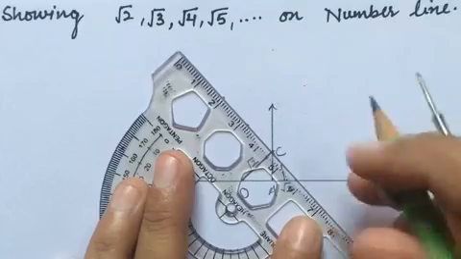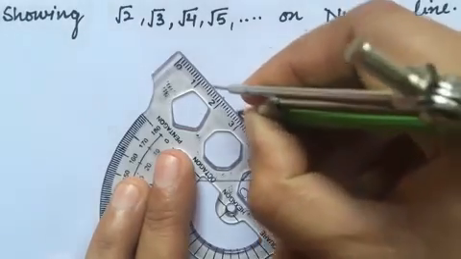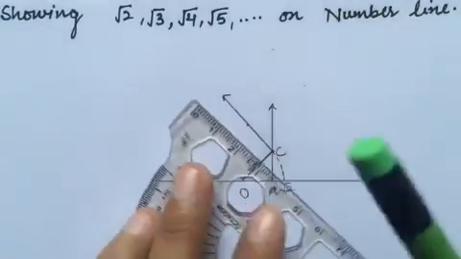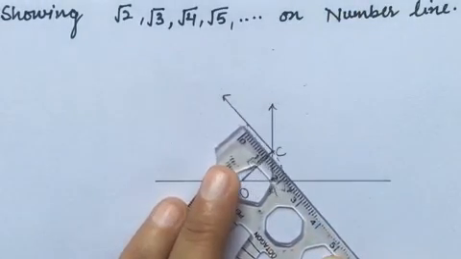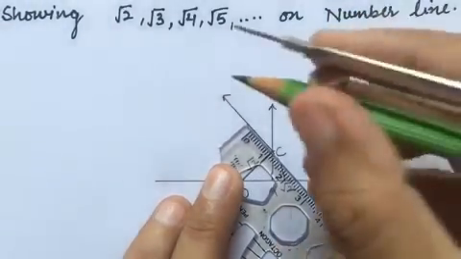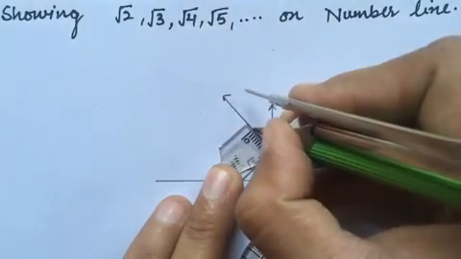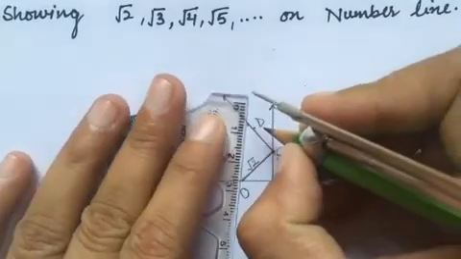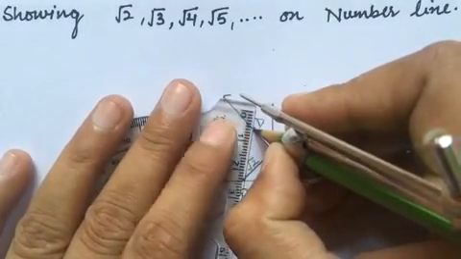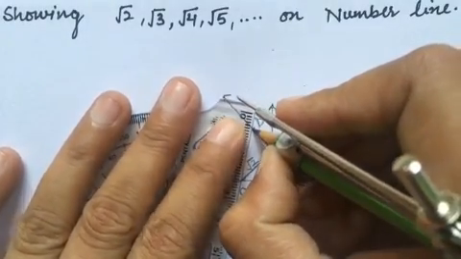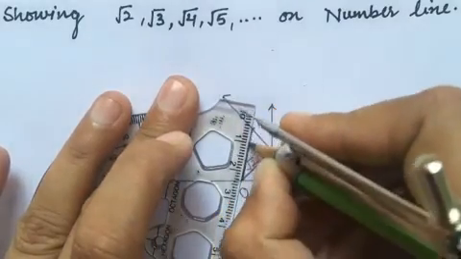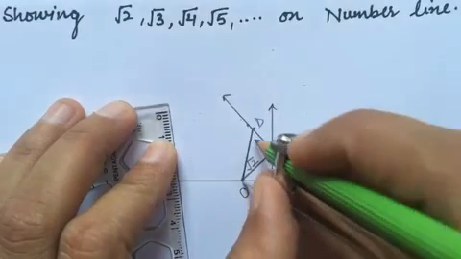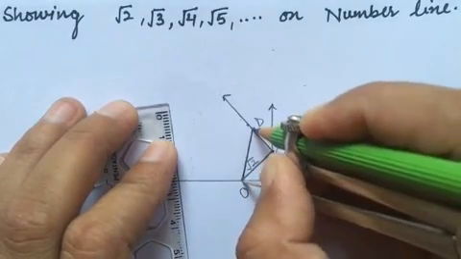So now we are going for root 3. Again, how much do we have to cut? 1 centimeter. This is the rule, that we have to cut only 1 centimeter. So again join this point D with your initial point O. Now draw an arc with the radius OD. Open your compass.